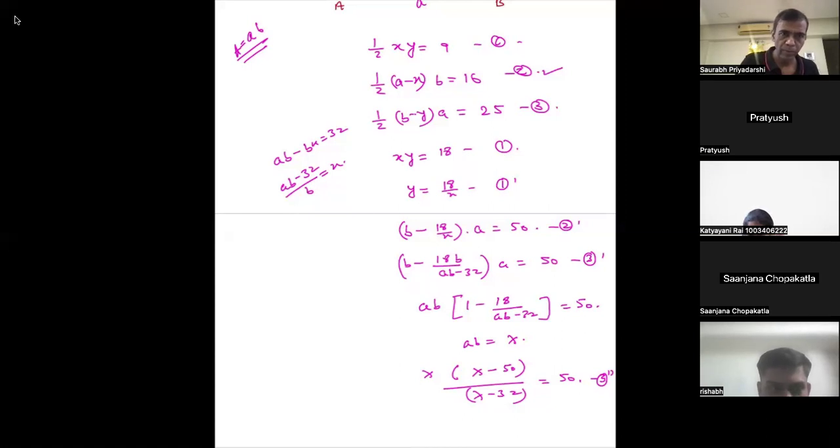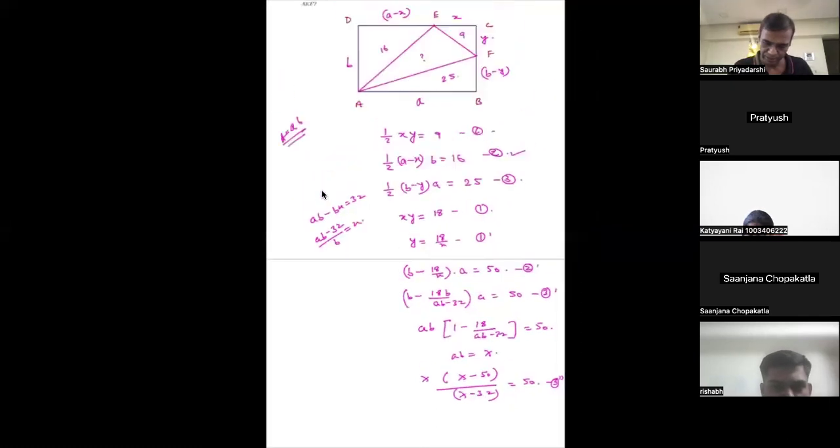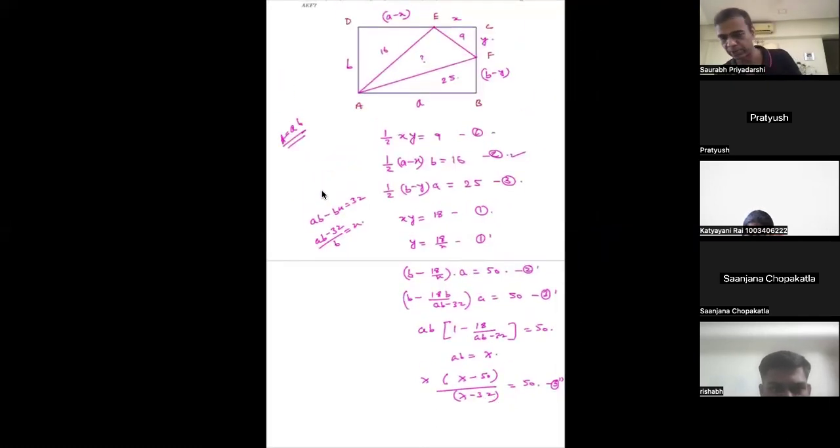I've taken the discriminant. Discriminant will give you only the relation, that D is less than or equal to 0. So again, that's the problem. You understand this one? Yes, take your time.